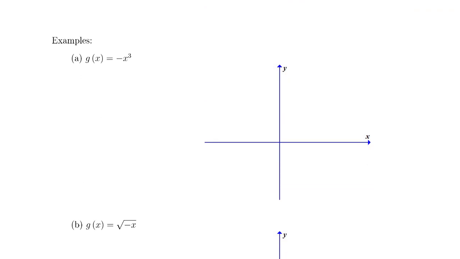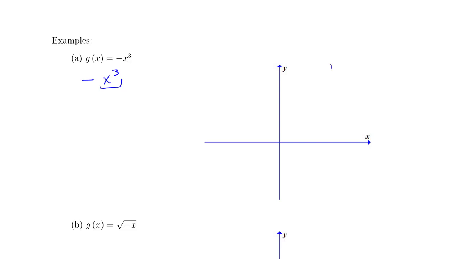All right, g of x is negative x cubed. Okay, so this is negative to the original x cubed. All right, so we took the original function x cubed, multiplied by a negative. That means it should be a vertical effect.